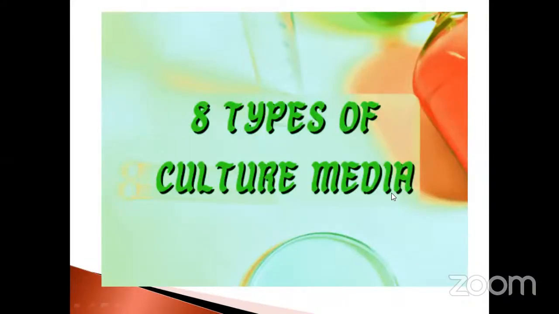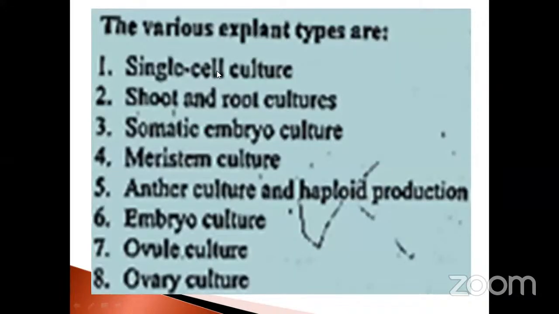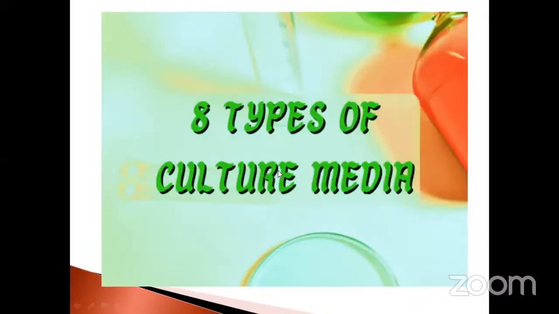Eight types of culture have been reported in the media. What are the eight types of culture? See here: single cell culture, shoot and root culture, somatic embryo culture, meristematic culture, anther culture and haploid production, embryo culture, ovule culture, and ovary culture. All are in your book. Sometimes they may ask how many types of culture there are. It is eight types.